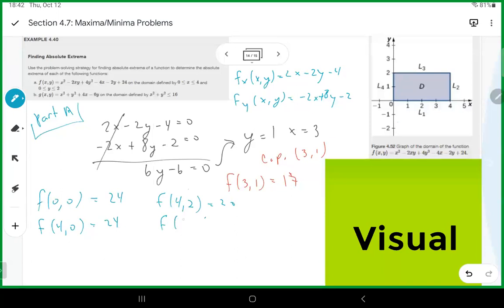And f of (0, 2) is going to be 36. Okay, so the absolute maximum value is 36, which happens here. So the global minimum is 17, which is what we found before.